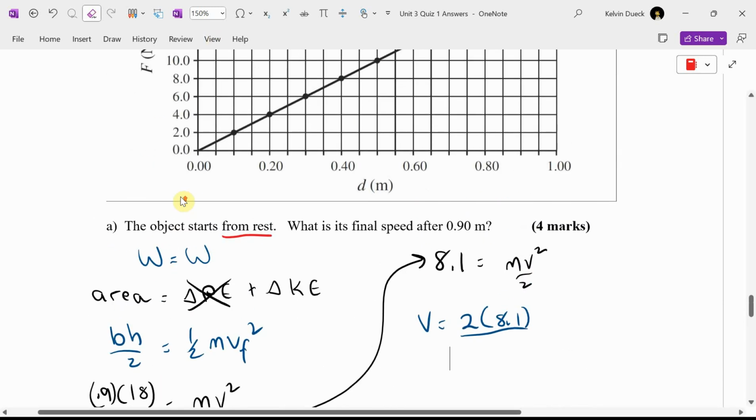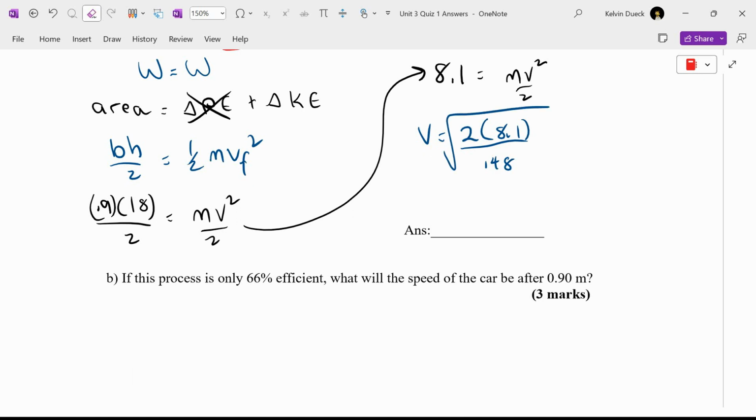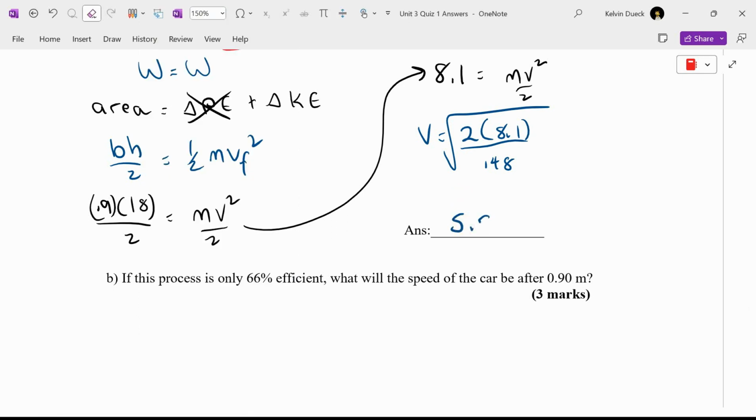Divide by the mass. They better have told me the mass. 0.48. That's v squared, square root. Times by 2, divide by 0.48, square root. 5.81 meters per second? Meters per second.